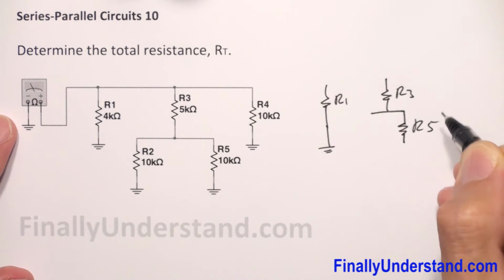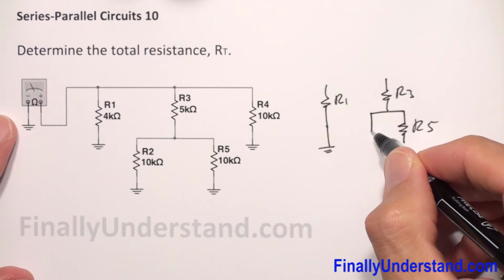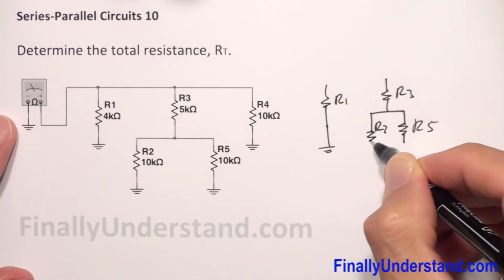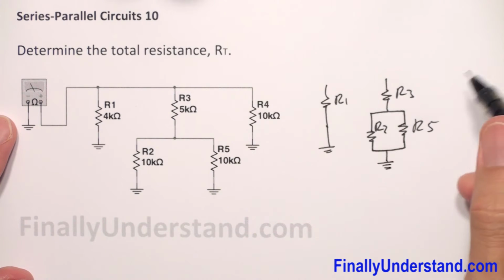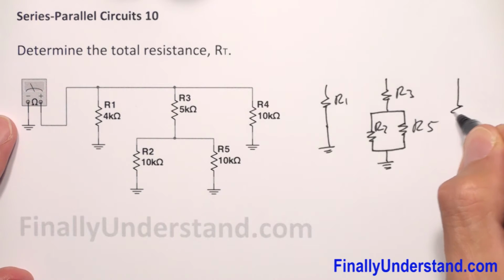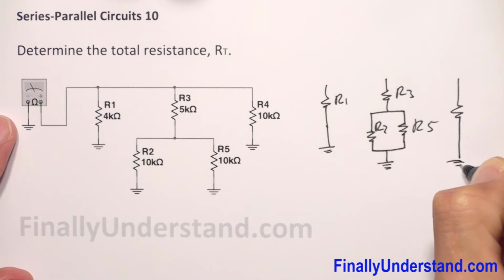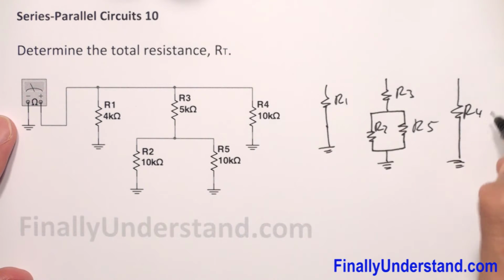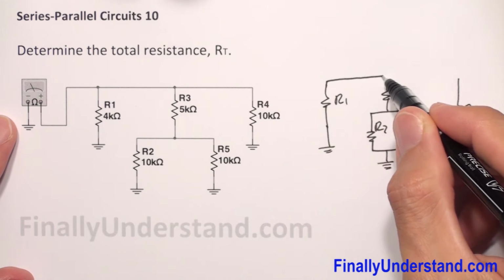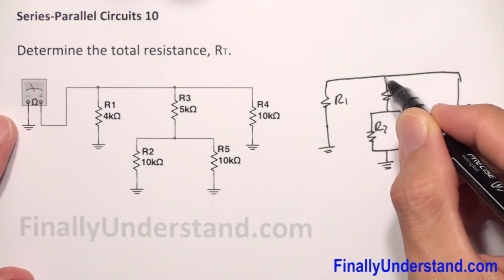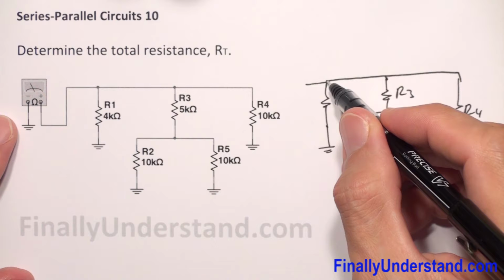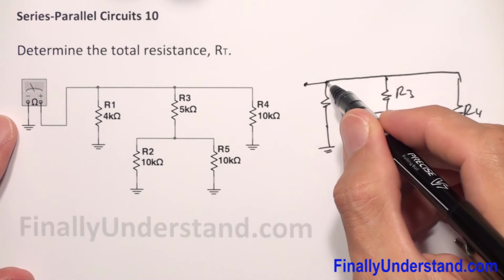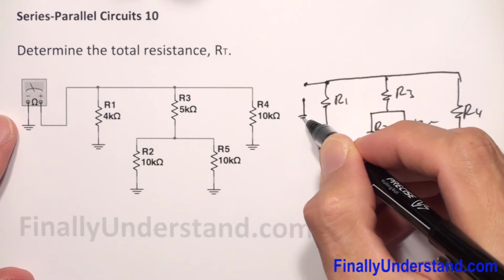We have R5 and R2 like this, and I have also R4. Okay, so all of them are connected together at the top, and my ohm meter is connected somewhere over here. This is the terminal for my ohm meter.